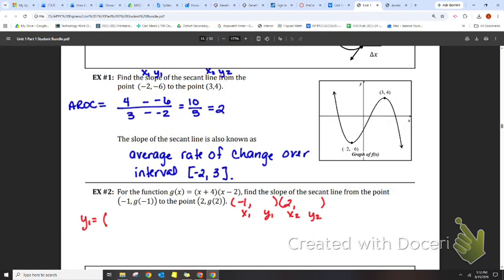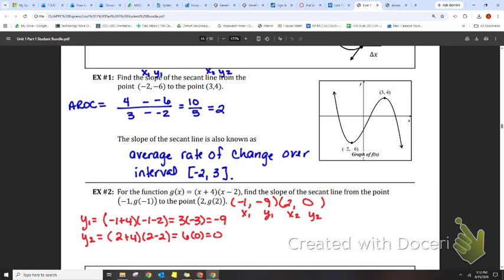So it's just going to be (-1 plus 4) times (-1 minus 2), which is what, 3 times -3 or -9. And then to find y2, we just plug in our x2. So we have (2 plus 4) times (2 minus 2), which is what, 6 times 0, so it is 0.